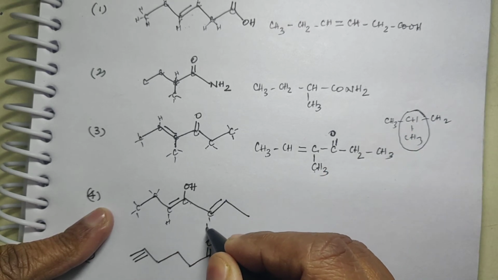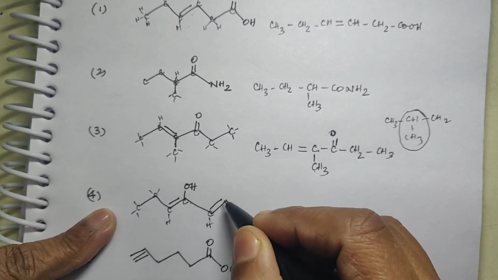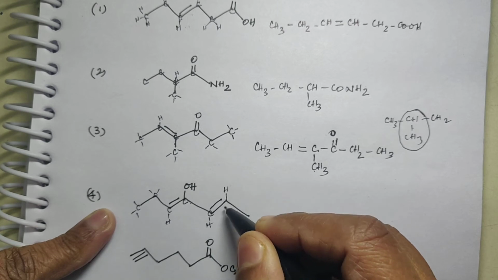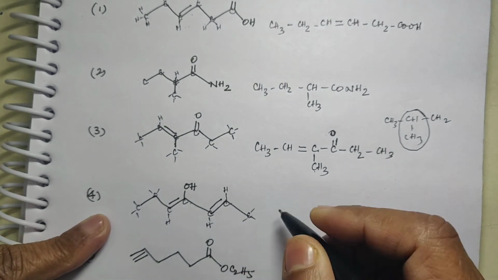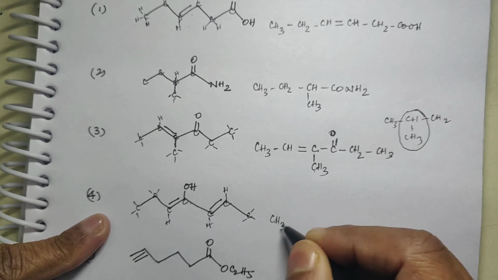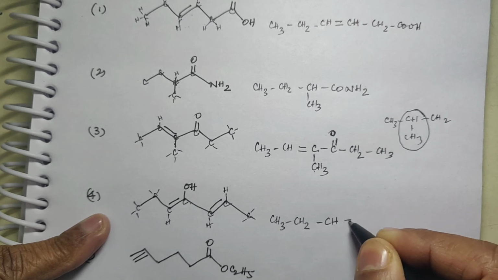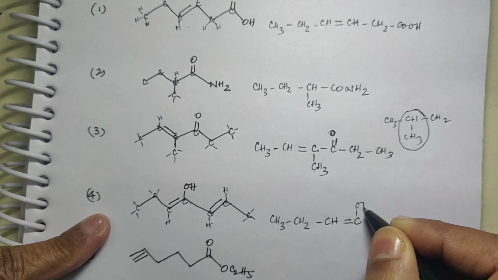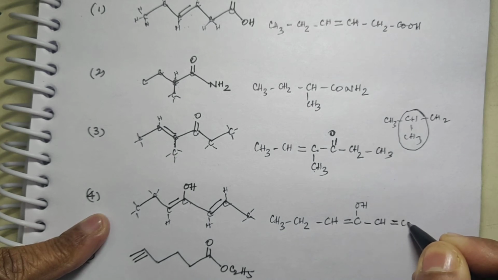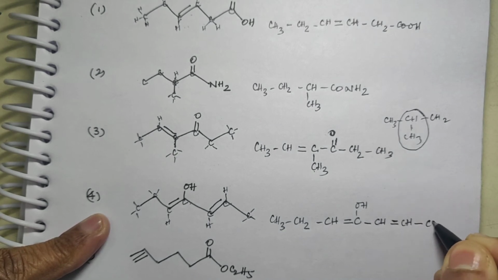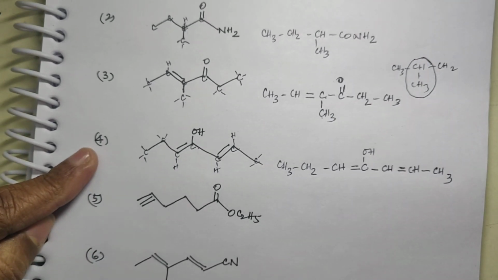This C will be having 1 hydrogen because 1, 2, 3, 4th valency hydrogen के साथ हो गया. इसके साथ एक और हाइड्रोजन है और यहाँ पे 3 है. तो अब लिखोगे ये CH3, CH2, CH, double bond, COH, then CH, double bond, CH, single bond, CH3. Now you can name it.